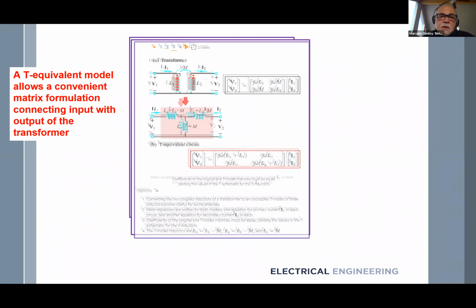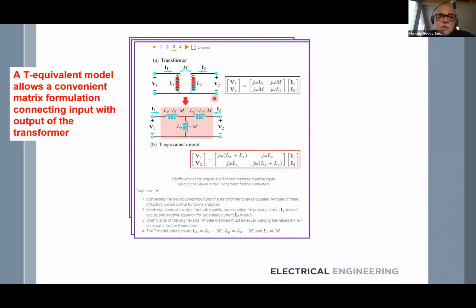Then you see that for those to be equivalent, I take the self-inductance and subtract the mutual to be this parameter. I take this self-inductance and subtract the mutual to be that parameter. And here I have the mutual.